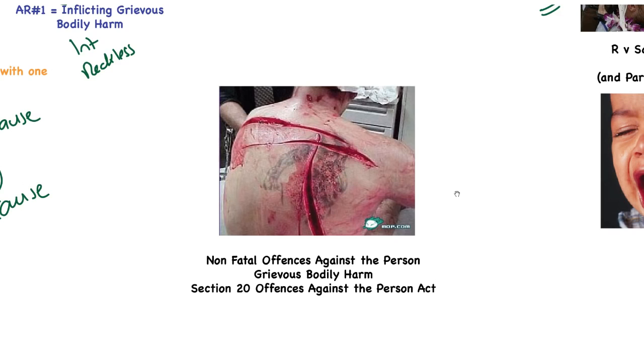Once one of those two is present, you then only have to demonstrate that the defendant intended or was reckless to the foresight of some harm. If you can do both of those things, you have a clear Section 20 offence.